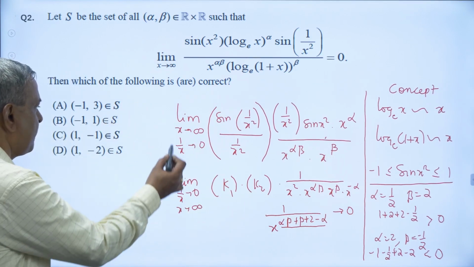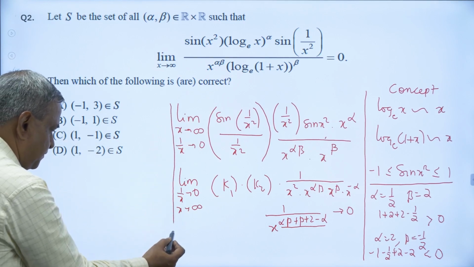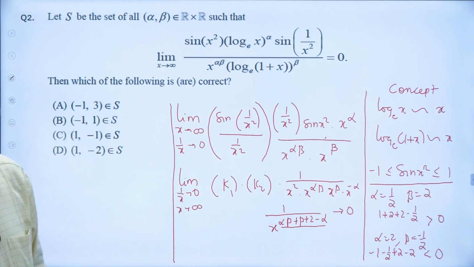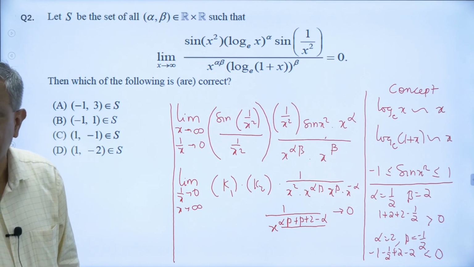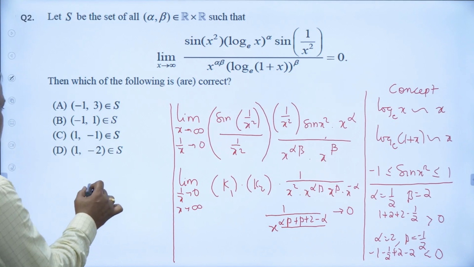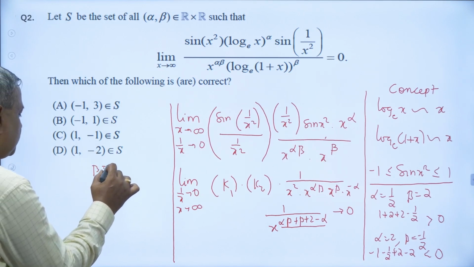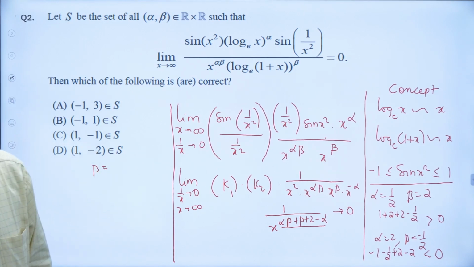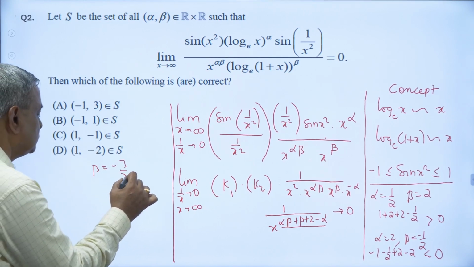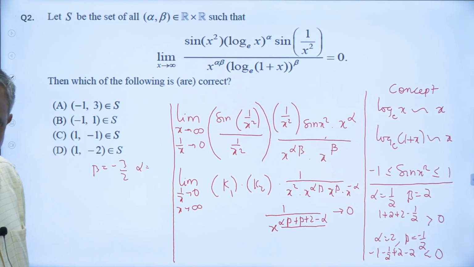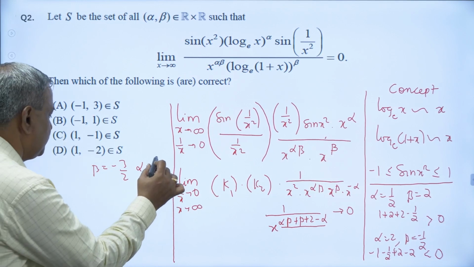Next one. Okay, next one we'll take beta is equal to minus 3 by 2 and alpha equal to 1 by 2.